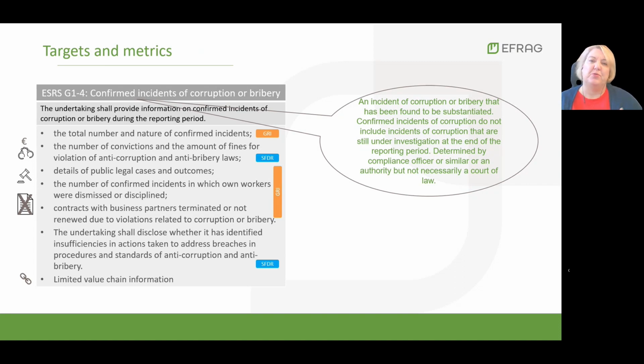You only have to report value chain information if there has been an incidence of corruption that has been confirmed which includes your own workforce as well as members of the value chain. So you do not have to disclose those confirmed incidents in the value chain of which your undertaking did not form part. We try to limit the value chain information that has to be provided.